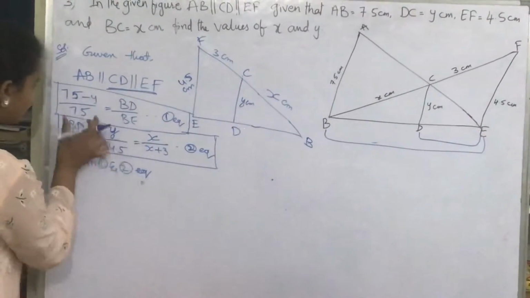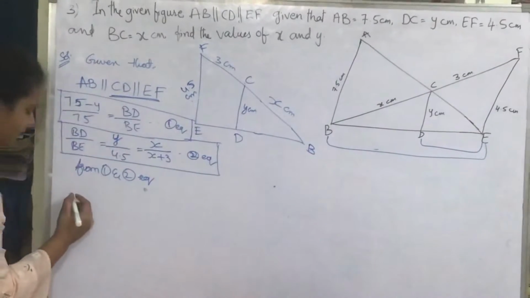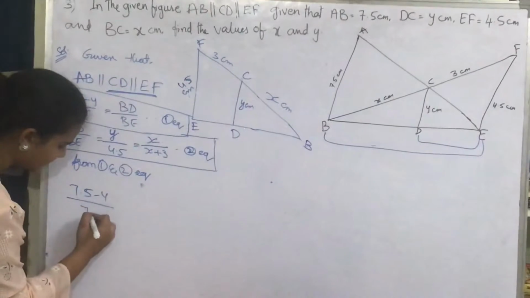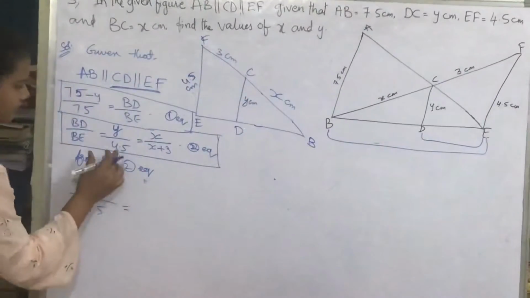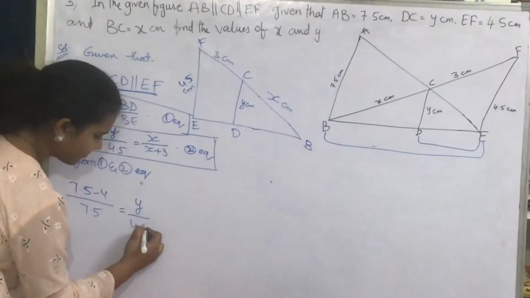Now consider from the first equation, let's take 7.5 minus y by 7.5, and from the second equation let's take y by 4.5.